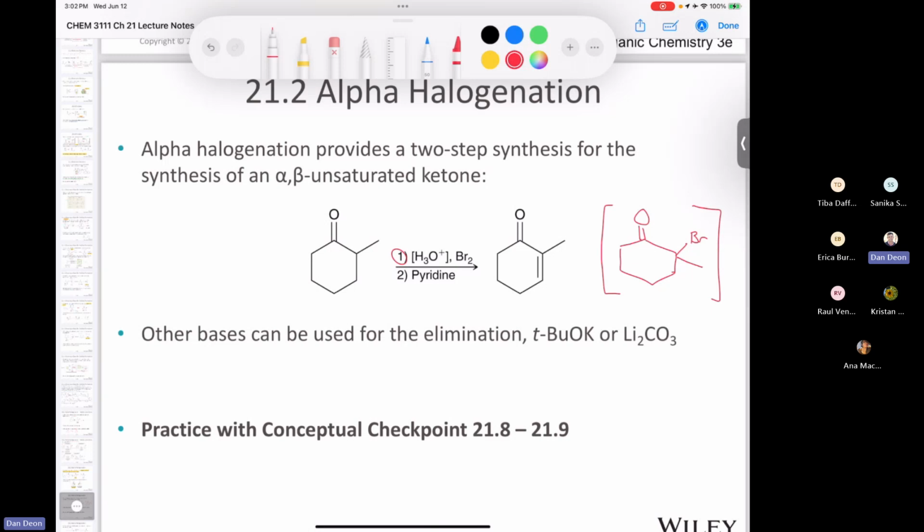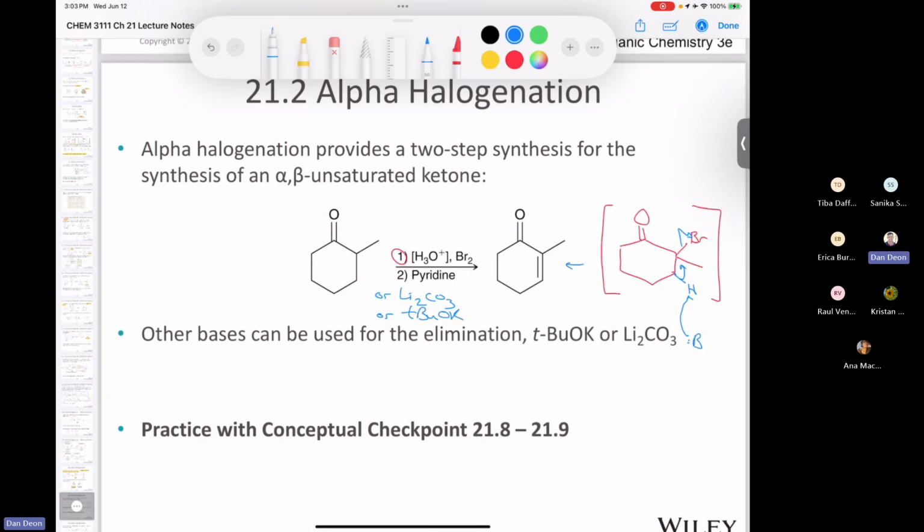But then in the second step, somebody decided, well, what happens if I treat it with pyridine or lithium carbonate or potassium t-butoxide? Those are really strong bases. And so if I treat it with a strong base, it's going to rip this proton and do an E2 reaction. And then I end up with this compound.